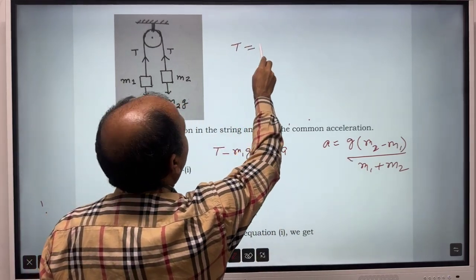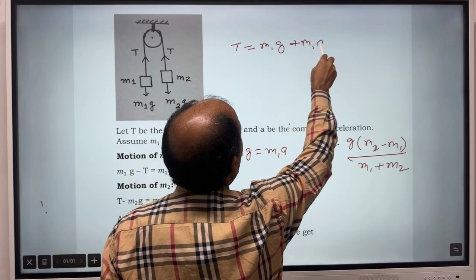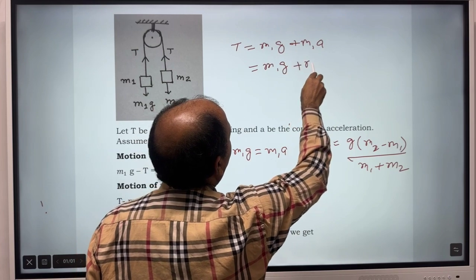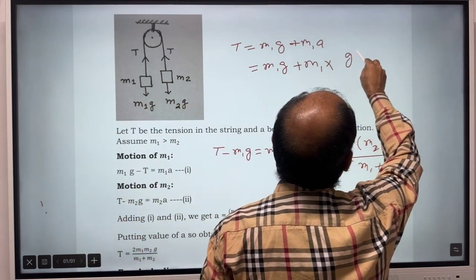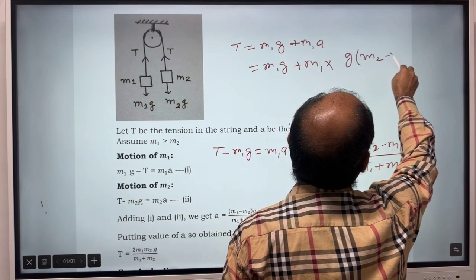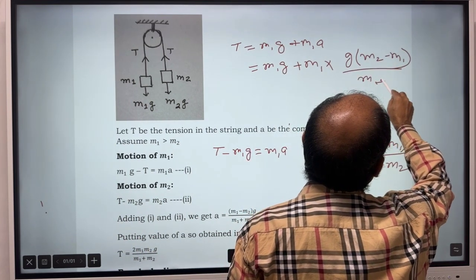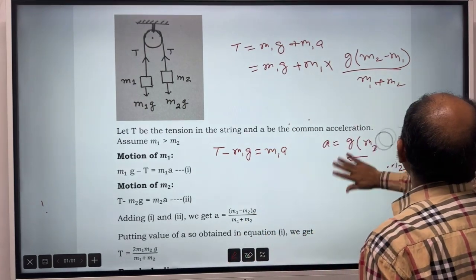So tension equals m1g plus m1a. So m1g plus m1 times a is this much: g times (m2 minus m1) divided by (m1 plus m2). Now let's further simplify.